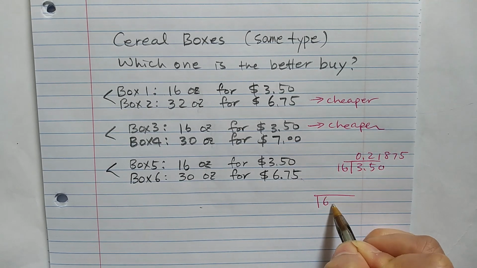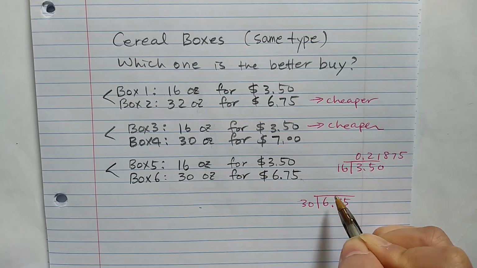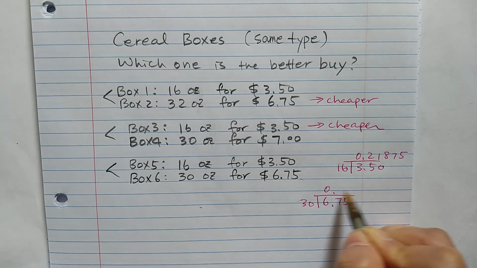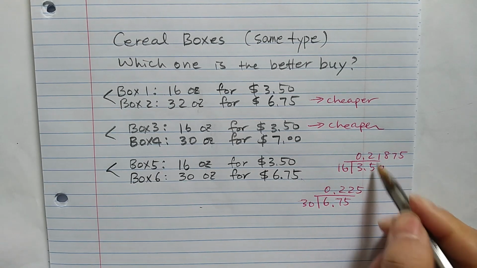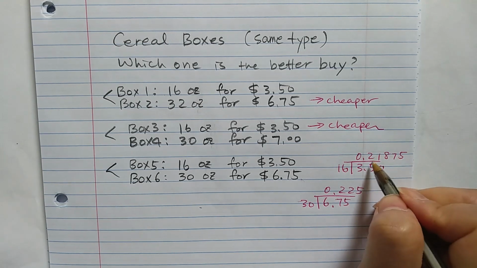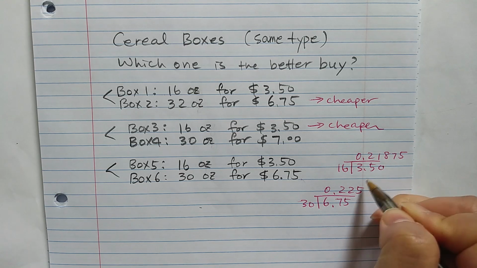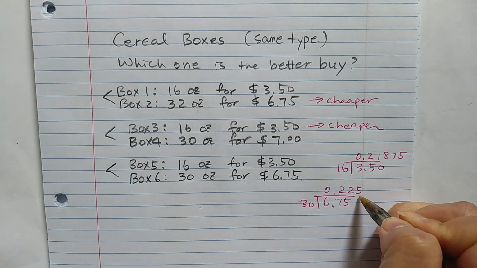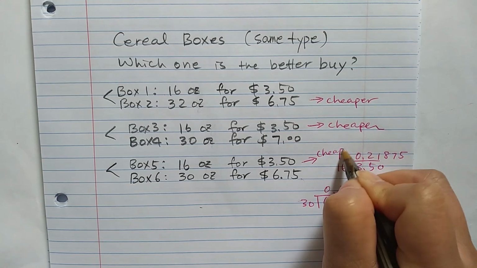That is 6.75 divided by 30 ounces, which is 0.225. They're pretty close, but for 1 ounce, this is 0.21875, which is smaller than 0.225, so this one is cheaper.